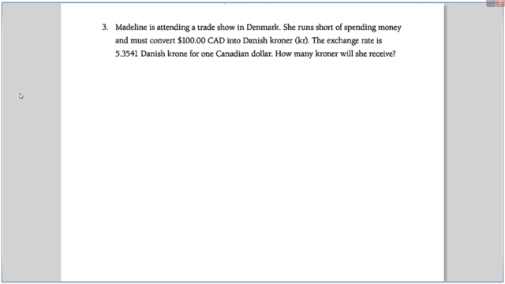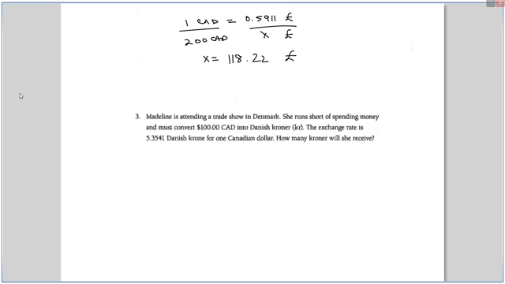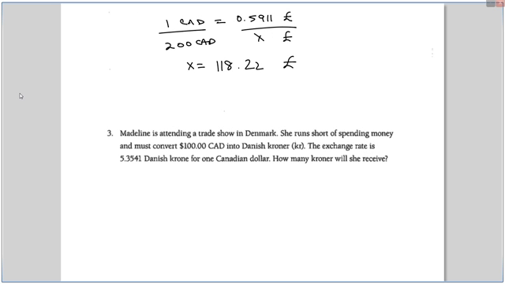Madeline is attending a trade show in Denmark. She runs short of spending money and must convert 100 Canadian into Danish kroner. The exchange rate is 5.3541 kroner for $1.